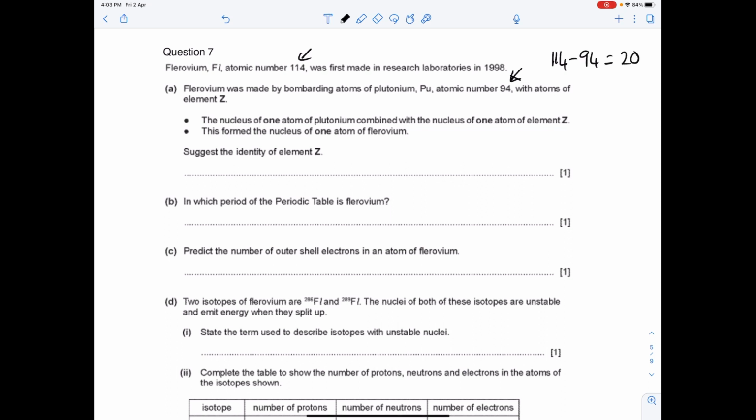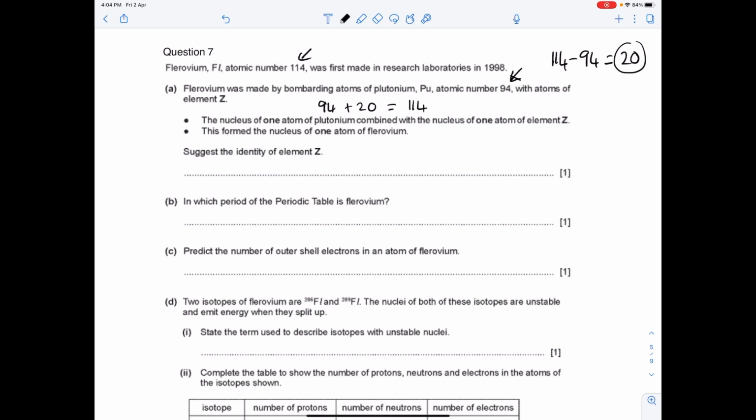So what we're looking for is an atom whose nucleus is 20, because what it says here is that the nucleus of one atom of plutonium, which had 94, combined with the nucleus of element Z, plus 20, made the atom flavorium, which is 114.